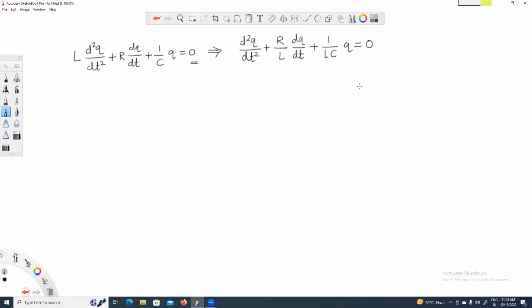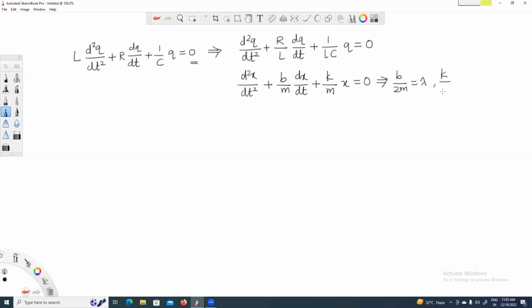Now, if you compare this with the differential equation we got in the mechanical system, it will look like this: d²x/dt² plus, for the resistance, we had B/M dx/dt, and plus the K term over mass M times x equals 0. From this, we took B/2M equal to lambda.